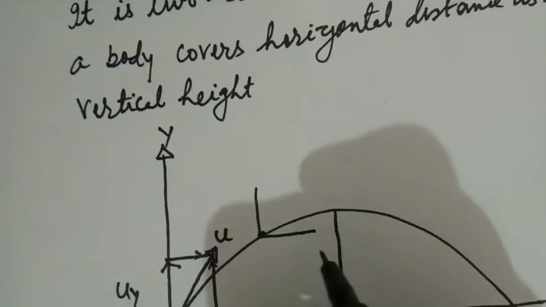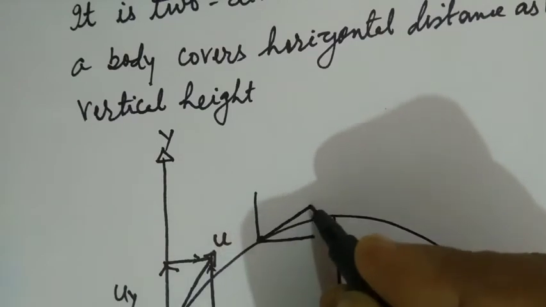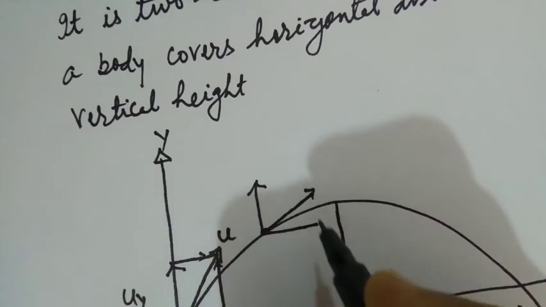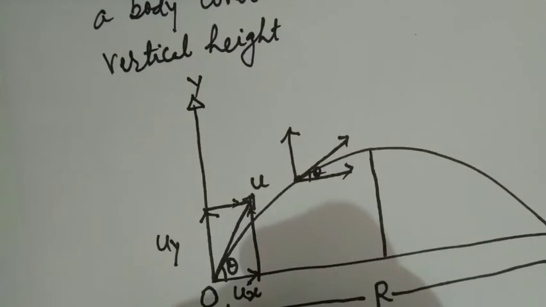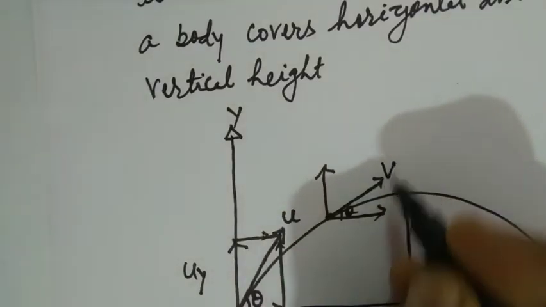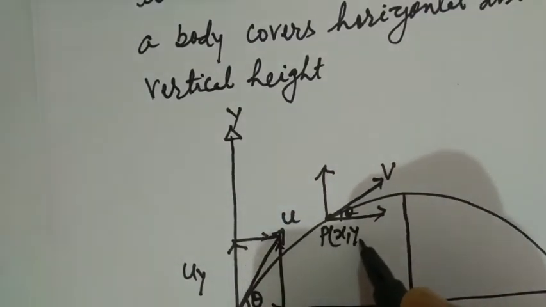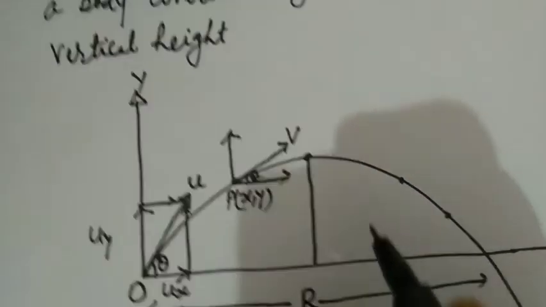Projectile is, you know, the projected particle into air, and resistance is taken as negligible. Again this is theta. After time t it reaches position p.